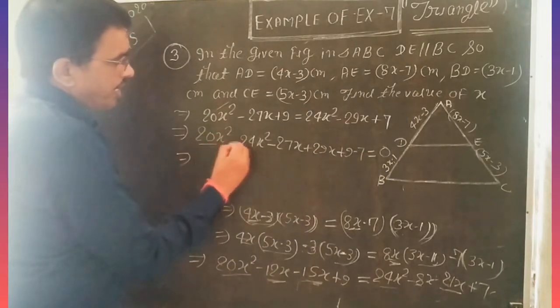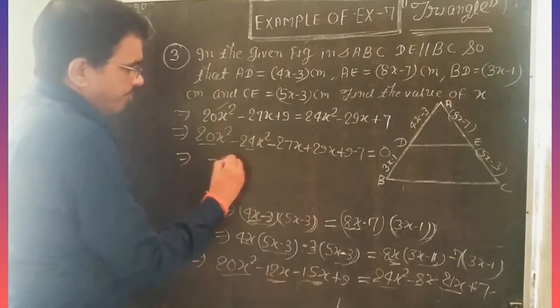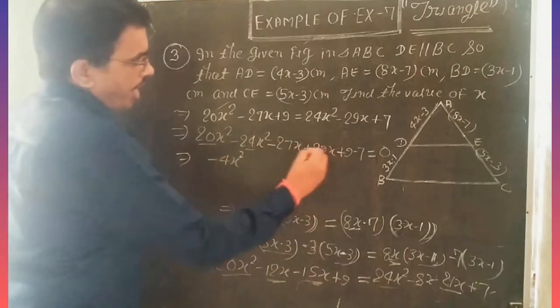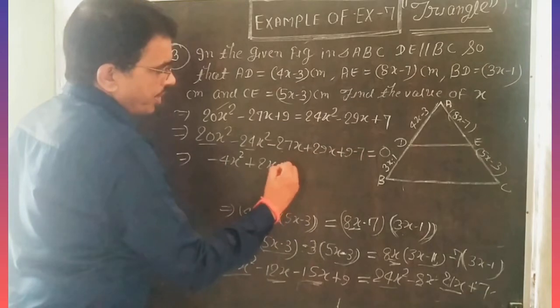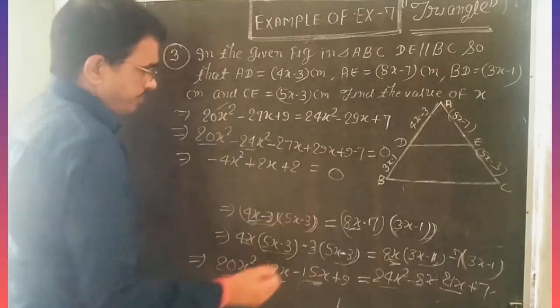Second step, 20x square minus 24x square is minus 4x square, plus 2x, and 9 minus 7 is plus 2, is equal to 0.